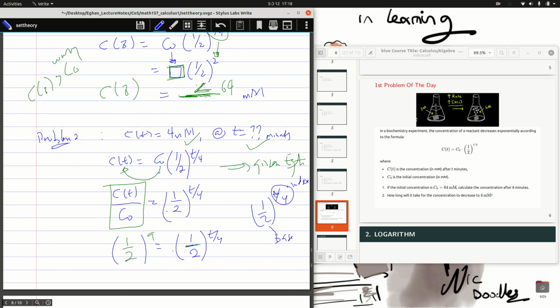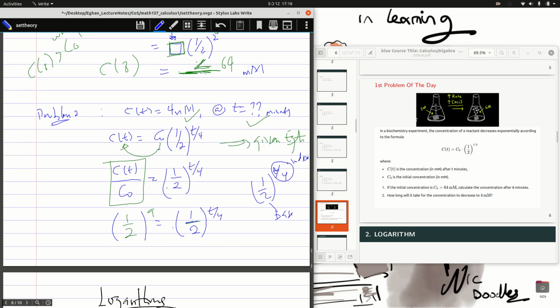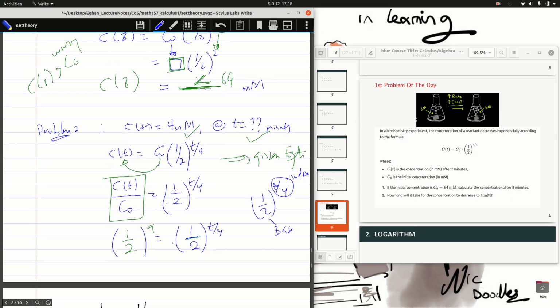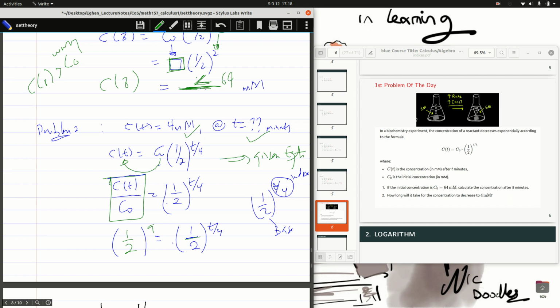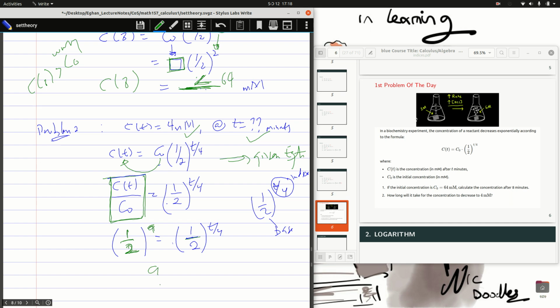And so to be able to apply the indices, I must be able to express this in this box here, in a form of 1/2, the same base, to some index. So I can just compare the indexes.